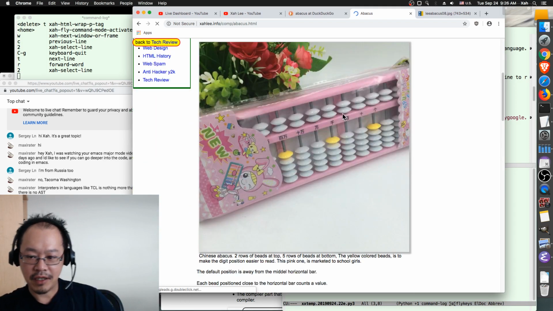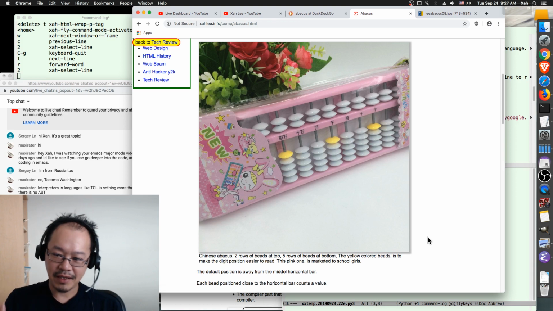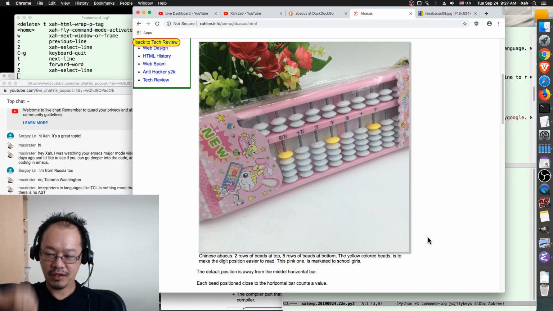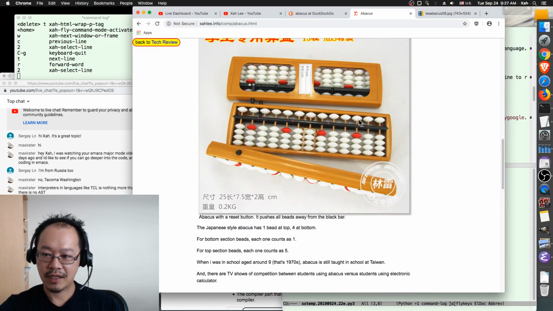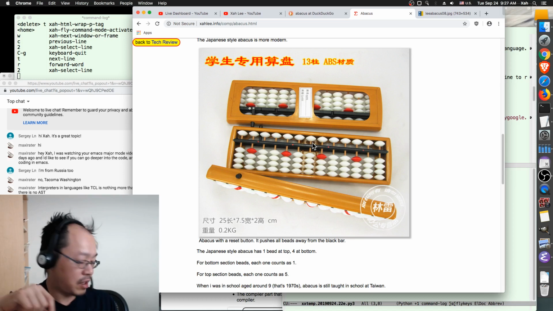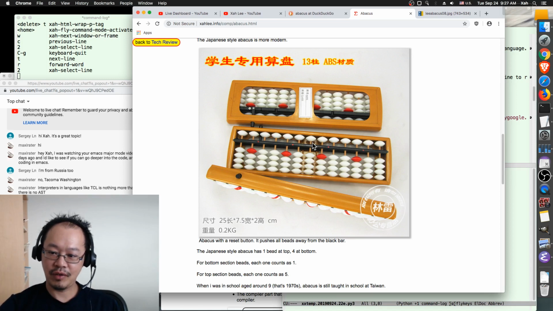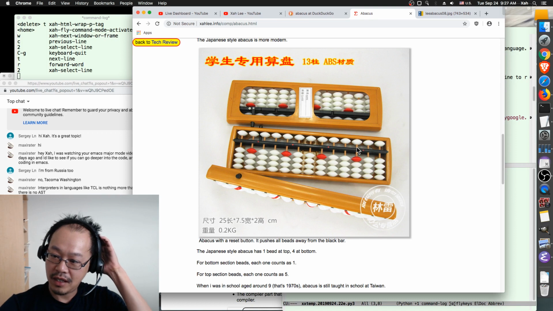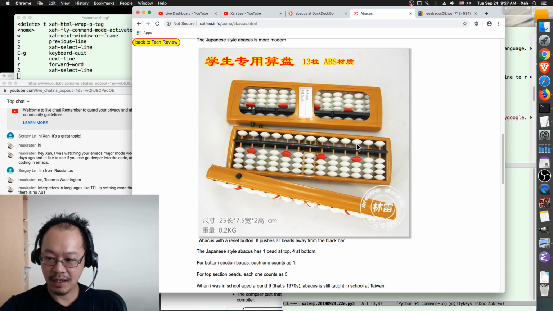So here is an abacus. They are basically just stones on a string. You can push the beads up or down. That's how you tally, how you count. It's almost like a counting machine. If you push this red bead up, that means one. Push two beads up, that means two, up to four.